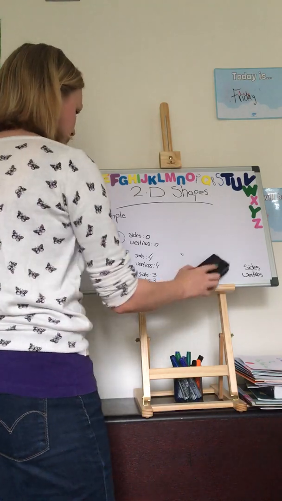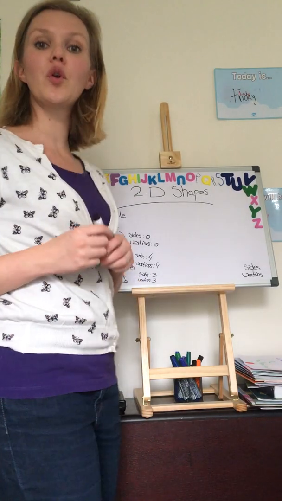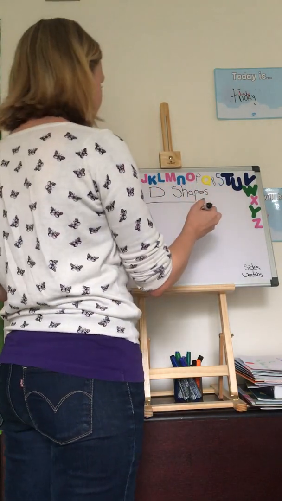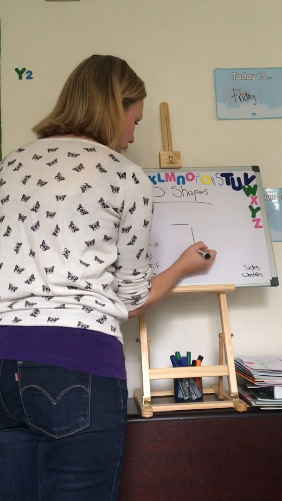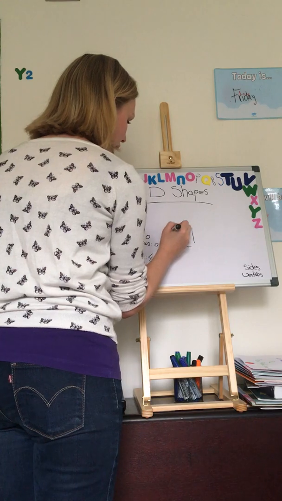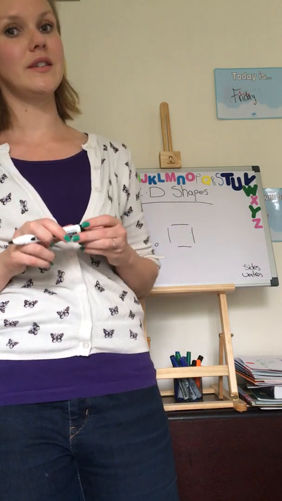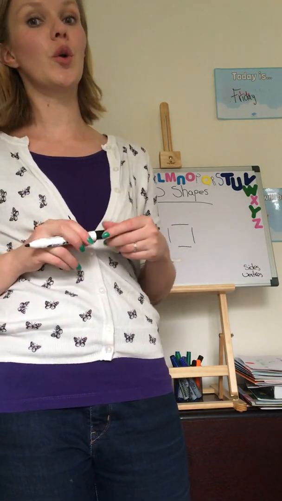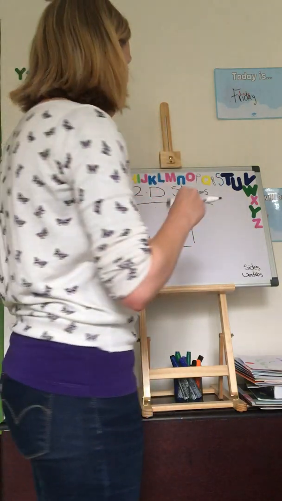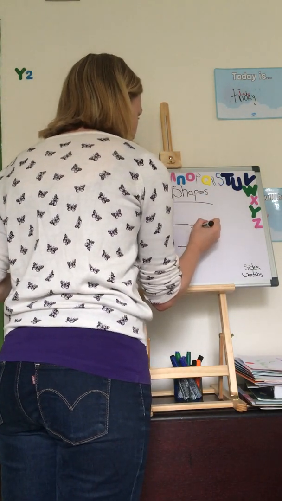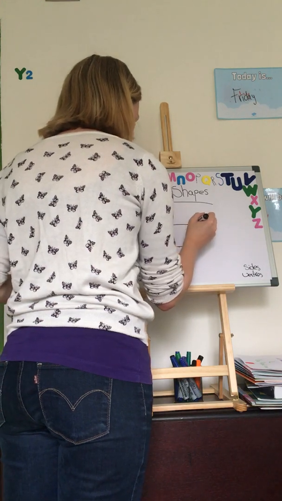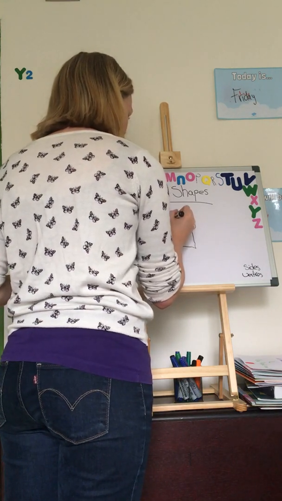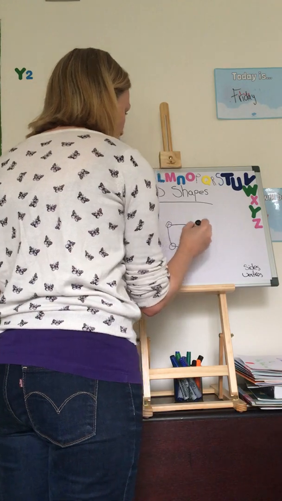So it says, I have 4 sides which are all the same length. Okay. What else did it say? How many corners do I have? 4 corners. So here is one, here, and here. You see? 1, 2, 3, 4 corners.